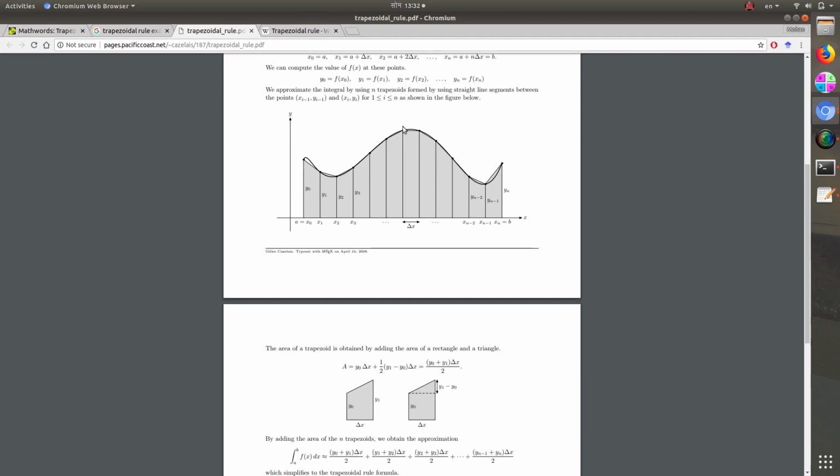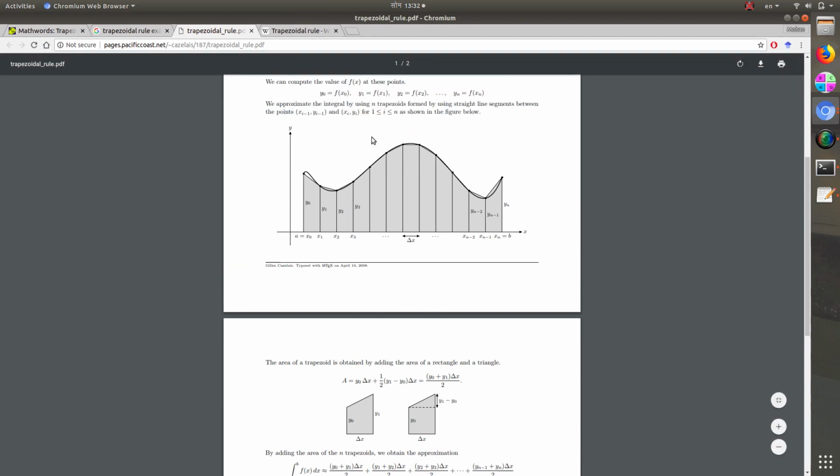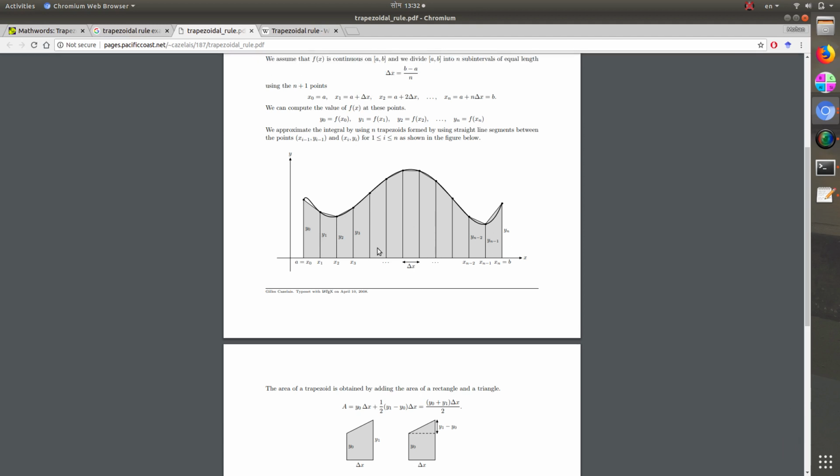This PDF gives a detailed introduction of the theory. The interval a to b is divided into n intervals, starting from x0, that is a, up to xn, that is b. Within each interval a trapezoid is formed. We will find the area of each trapezoid and then add up all the areas, and finally we get the answer.